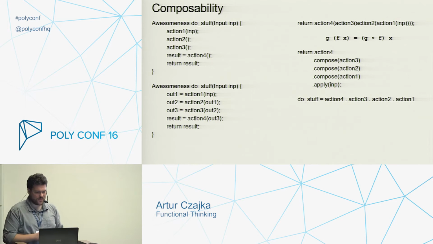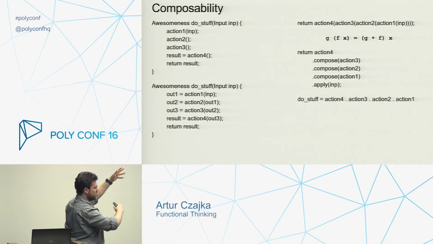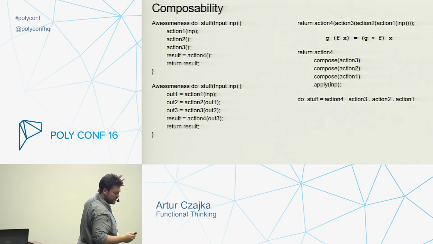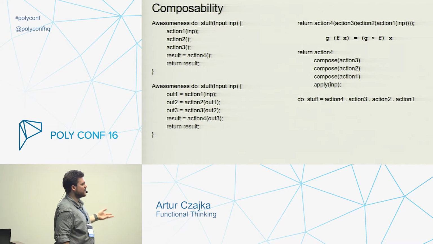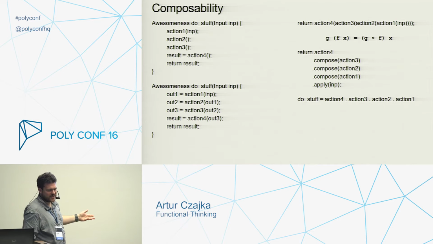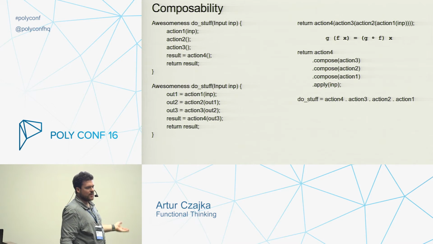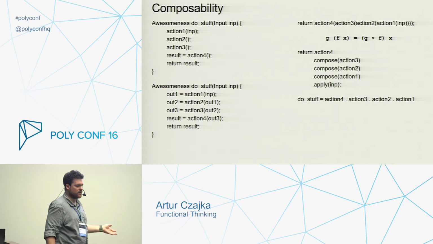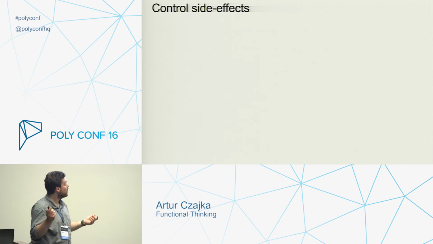But the problem with function composition shown like this is that we only can speak about pure functions. Pure functions are the ones that, well, don't have side effects. They expose all their input and all output in their declaration.